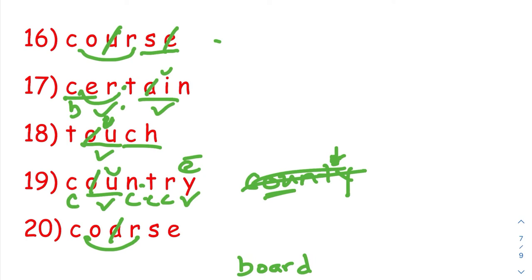But this course is kind of being rough. A coarse, like sandpaper or something, being very coarse. Again, that E is silent as well. So that course and coarse will be tricky this week. Okay, there's our spelling words.